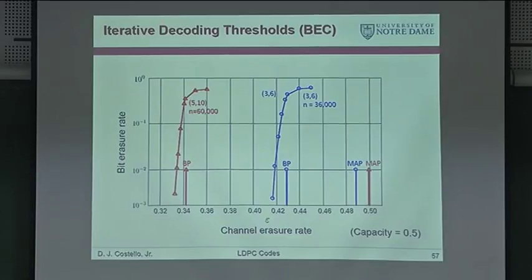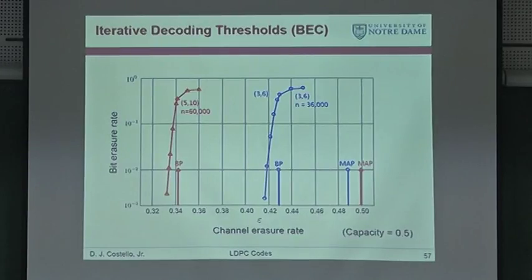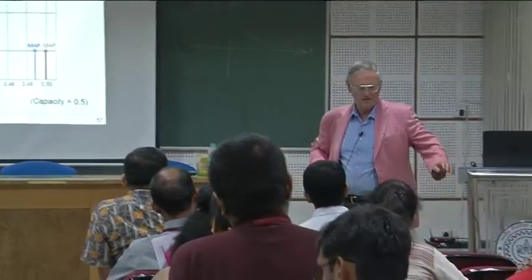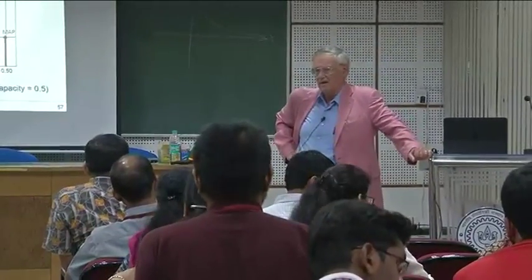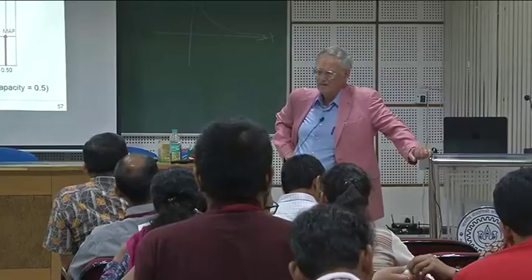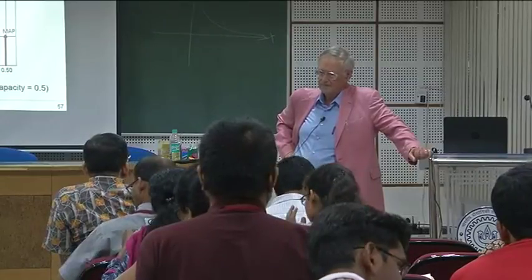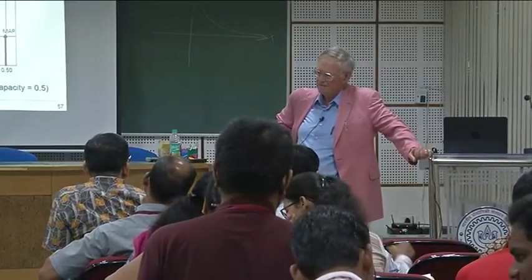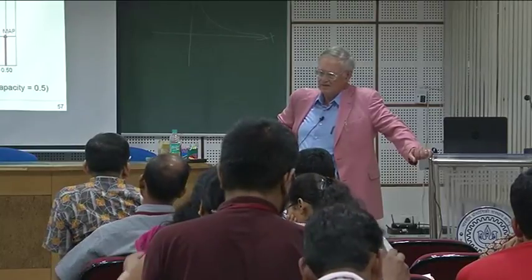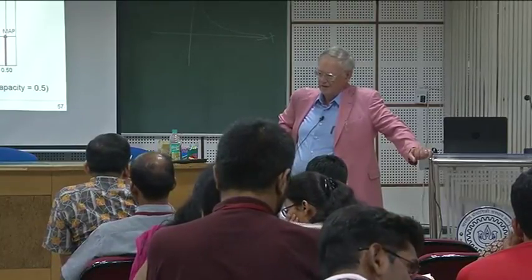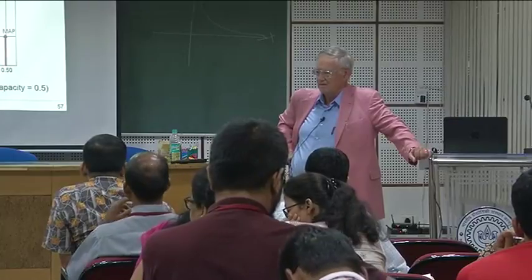Are there any questions? Are these MAP thresholds calculated using some union bounding technique, or how do they calculate? I think so, yeah. I haven't really read the papers. It's Igal Sason. Yeah, he's written a number of papers on these, using some kind of union bound or Chernoff bounding technique, similar, I think, to the error exponent type of analysis.